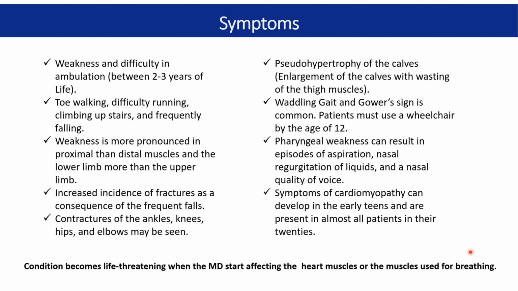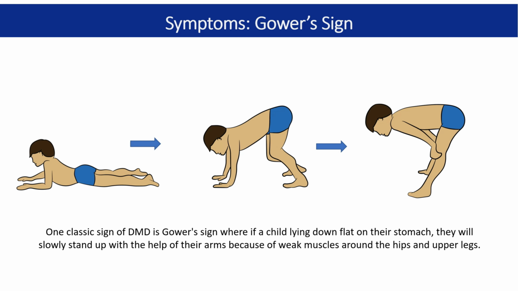When these organs are affected, the condition becomes life-threatening, and usually these kids die of either some heart-related problem or some breathing-related issues. This is one of the classical signs of muscle weakness in this kind of muscular dystrophy condition.